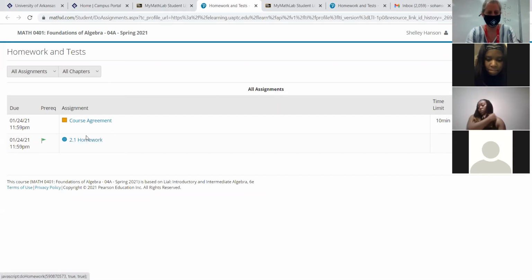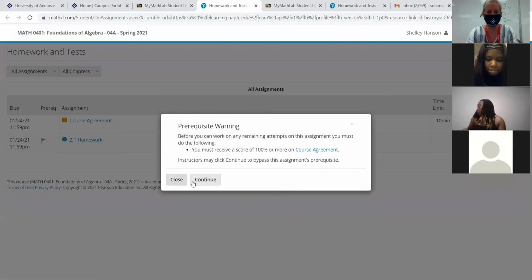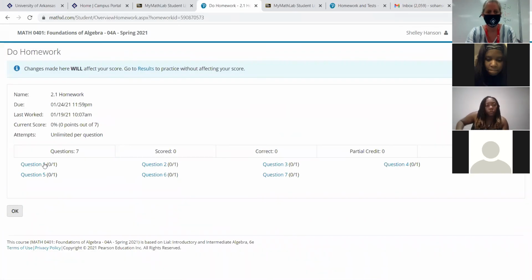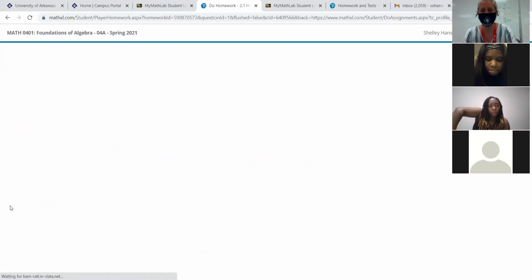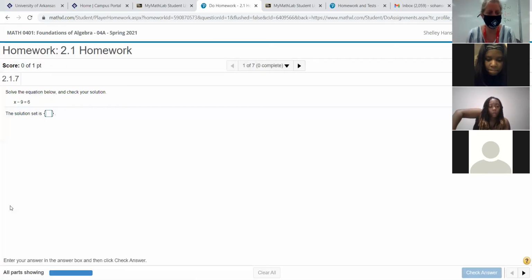Now I am going to do just this first one on my homework assignment, just to show you how you put in the answer and what it's going to look like. It says x minus 9 equals 6.